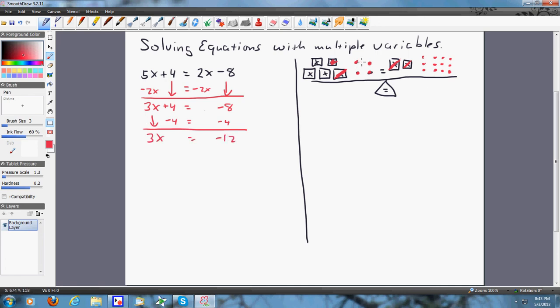And take a look what I have. These dots will go away because it was a positive and a negative, but I'm actually left with 1, 2, 3, 4, 5, 6, 7, 8, 9, 10, 11, 12, and once again I have 3 x's equal to negative 12, so I need to break those 12 into groups of 3, and that's not so bad.